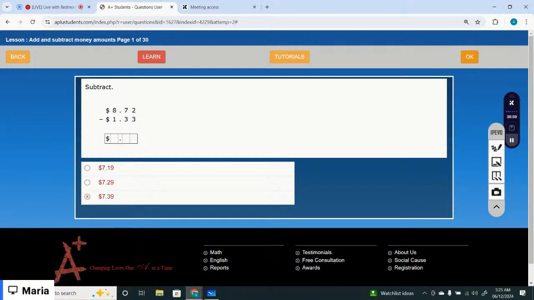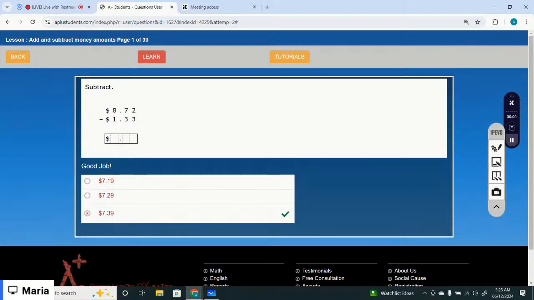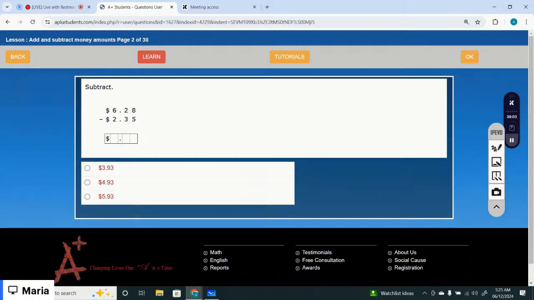Option number 3 is the correct option. 6.28 minus 2.35, which is the correct option?